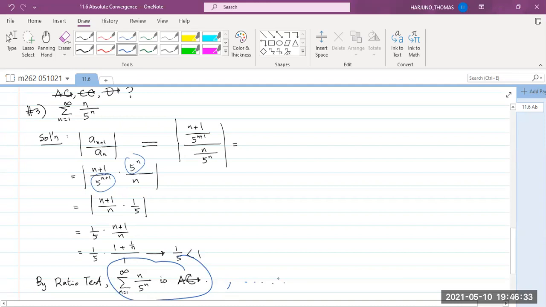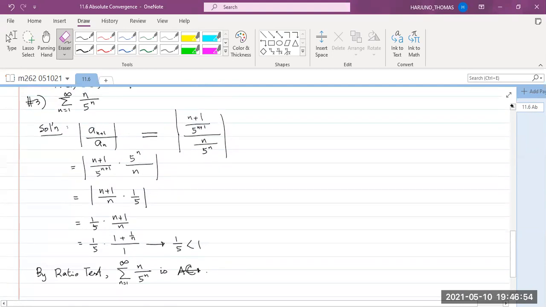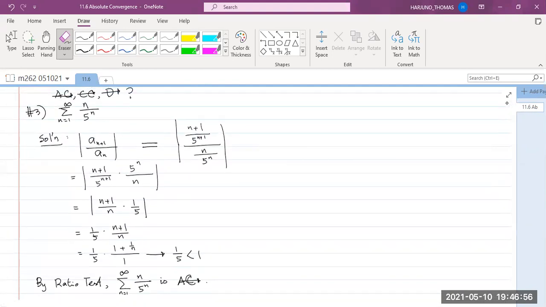I know a lot of students just say, well, it is absolutely convergent, so it must be convergent. I understand, but technically speaking, the question is whether it is convergent or not. So after you get that the series is absolutely convergent, you need to continue saying whether the series is convergent or not. Okay, that's for number 3.